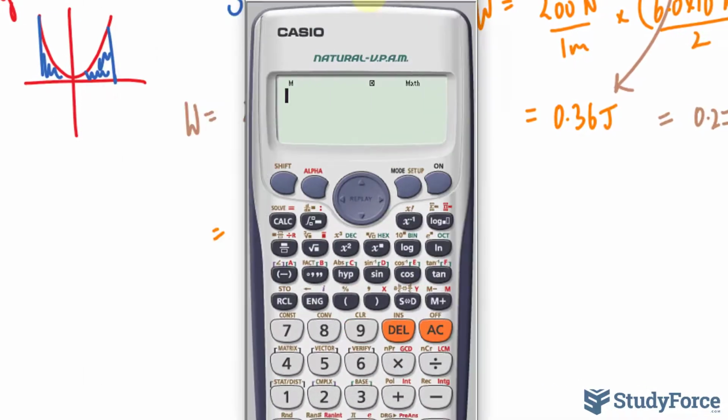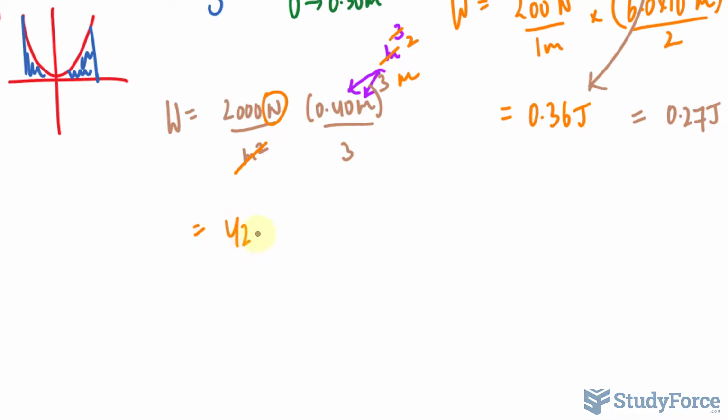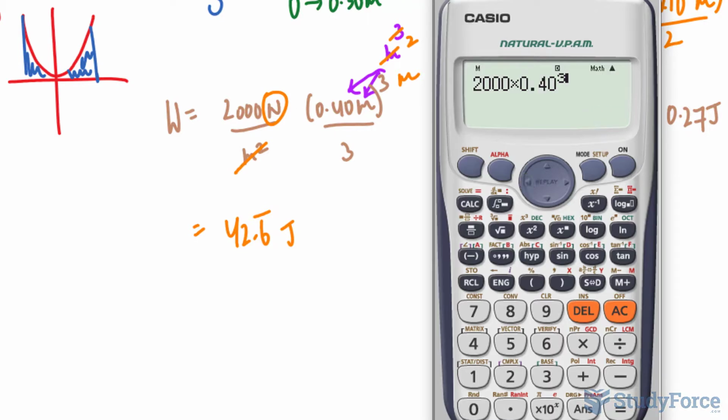Okay, on our calculator, 2,000 times 0.40 raised to the power of 3 divided by 3. Remember this value, 42.6 repeating joules. Let's modify what we placed into here. I'll change that to 0.30, divide by 3, and that gives us 18.